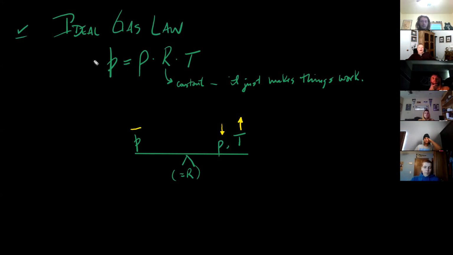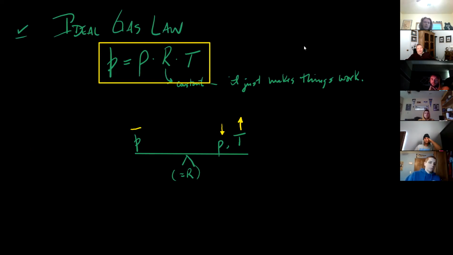This is the one equation that allows me to understand stuff. Now, you could have written it this way: RT equals P over rho. You could.